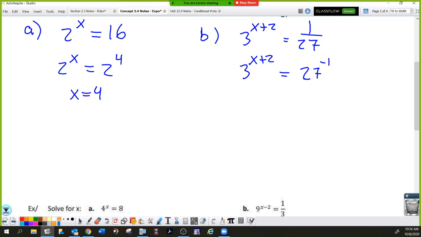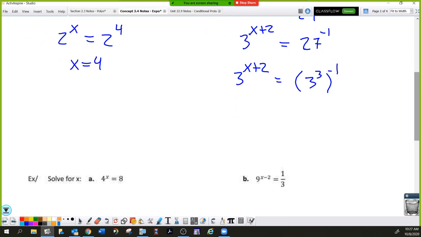Let me tell you what you're never allowed to do. You are never allowed to divide by an exponential base. Don't do it. What you are allowed to do is hope or force the exponential bases to be the same. Luckily, 27 is a base 3 number. 27 is 3 to the 3.